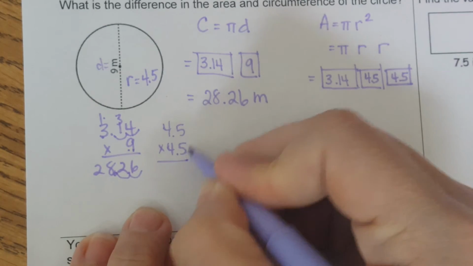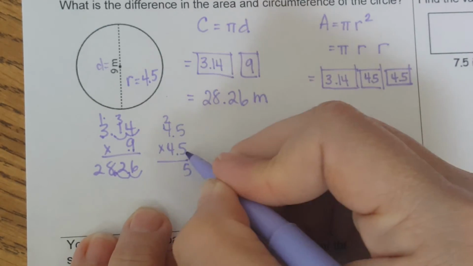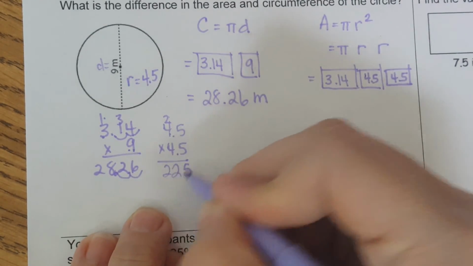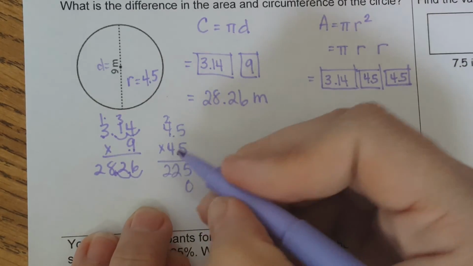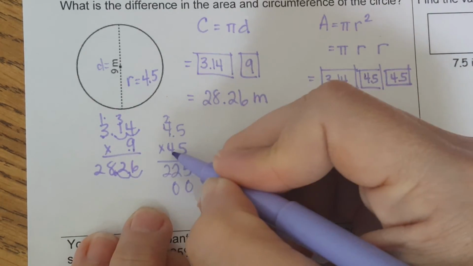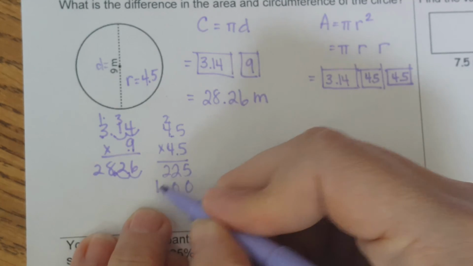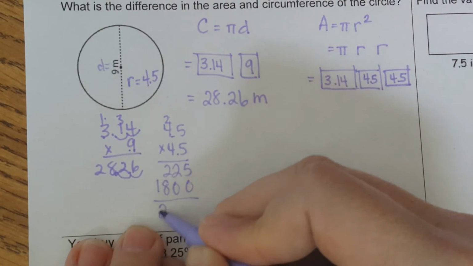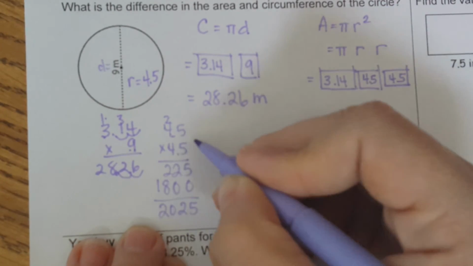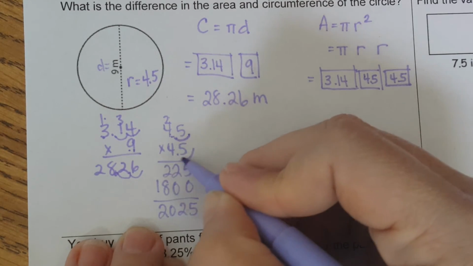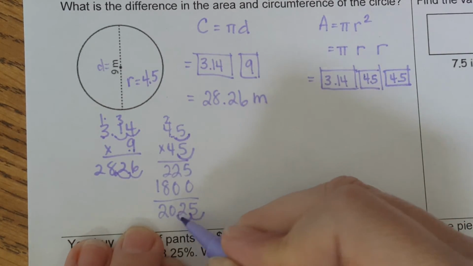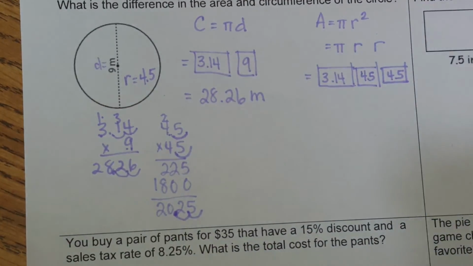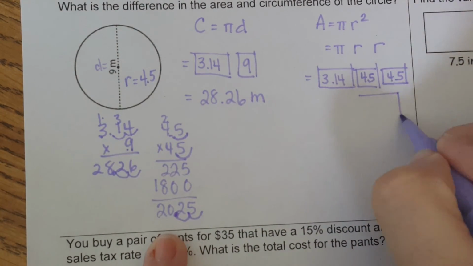Doesn't matter which order you multiply numbers. We get 22 there. Put a 0 placeholder. 20. 4 times 4 is 16, plus the 2 gives me 18. Add it all up. And then bump the decimal over 1, 2. So 20.25. Now, that is this part.